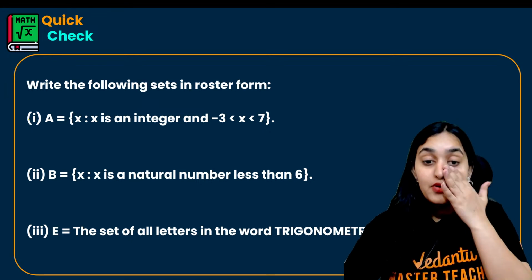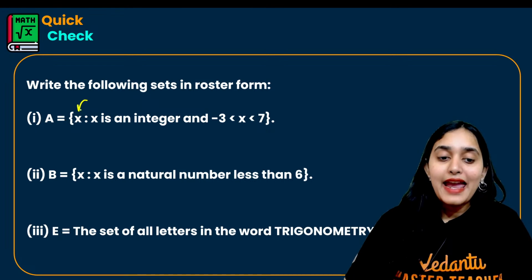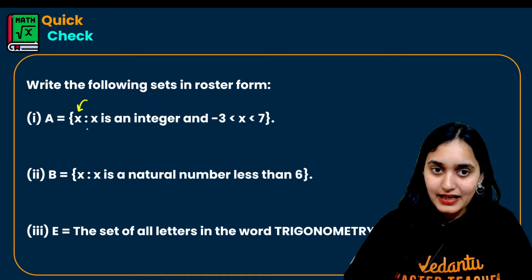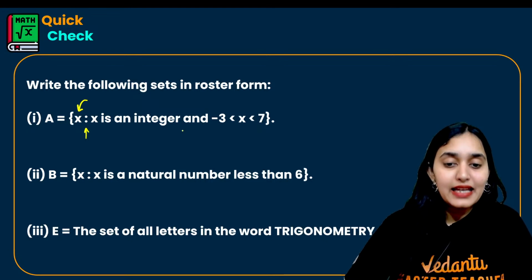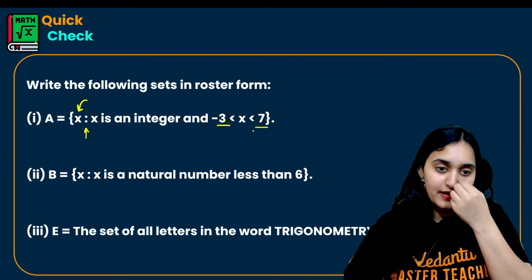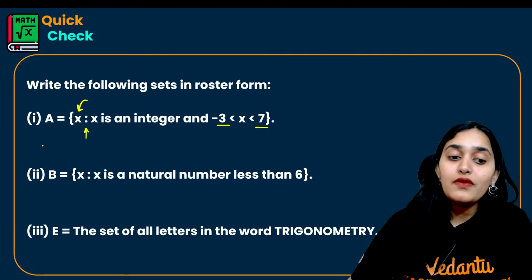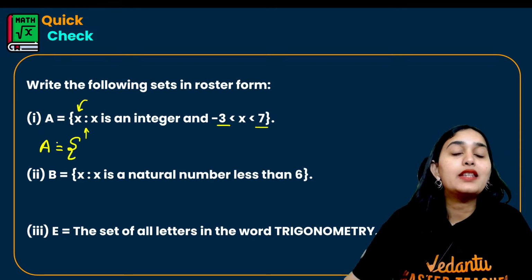Now, suppose that a set is defined as x such that, this symbol is called such that, x is an integer and x lies between -3 and 7. So, what will my set include in roster form?